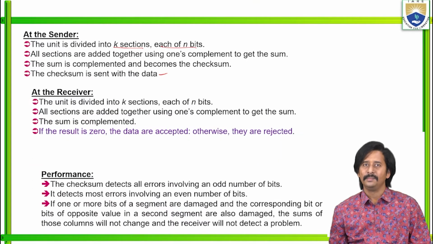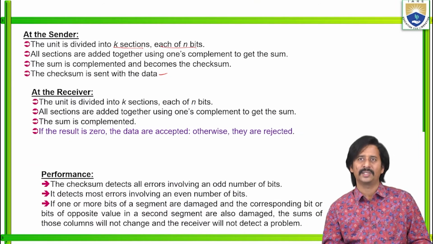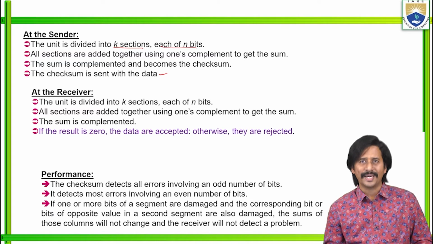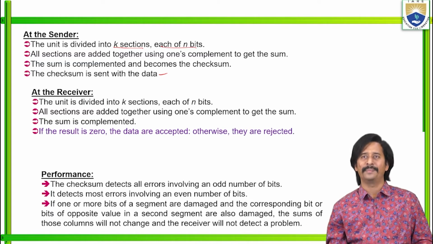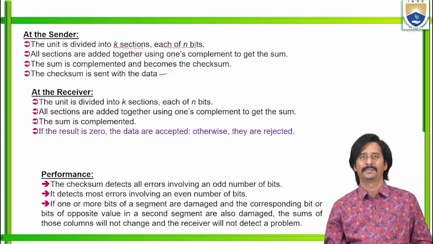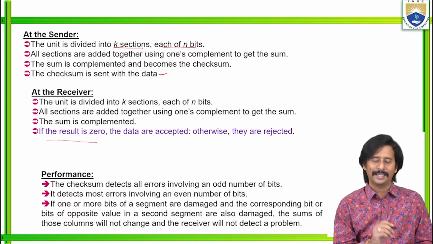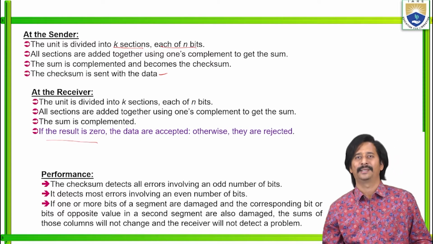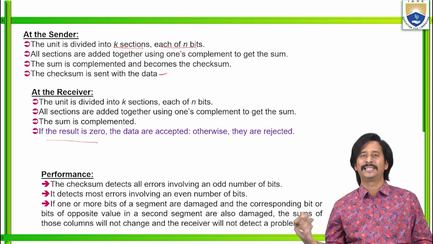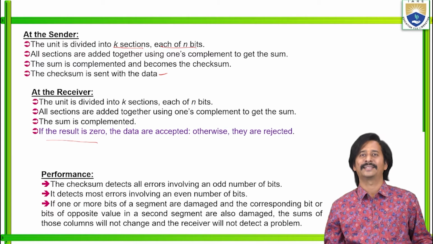At the receiver side, the unit is divided into the same K sections, each of n bits. All sections are added together using 1's complement to get the sum, and then the sum is complemented. Simply put, if the result is 0, then the data is accepted, because the receiver node received whatever frames were transmitted at the sender side.